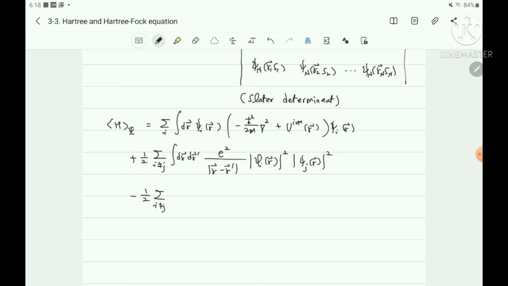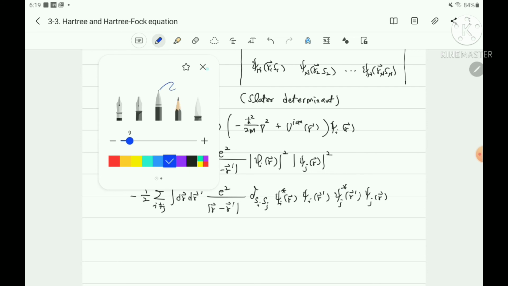summation over i, j, dr prime, e square over r minus r prime. If the spins si and sj are identical with each other, it is not permitted by the Pauli exclusion principle, therefore we should subtract psi i star of r, psi i of r prime, psi j star of r prime, psi j of r.